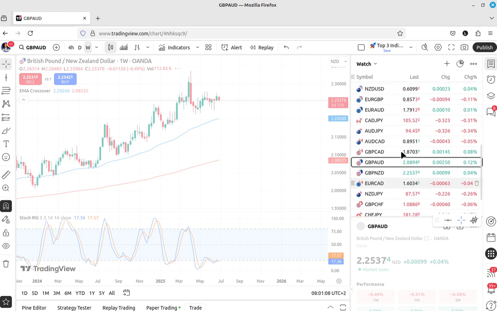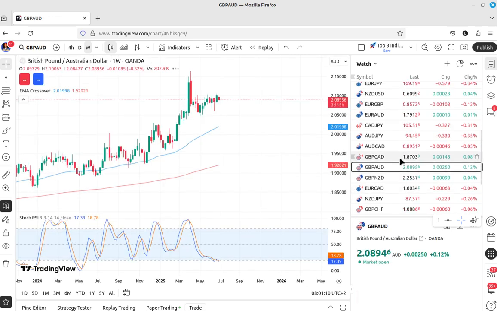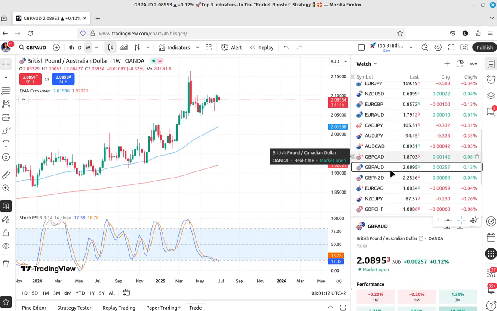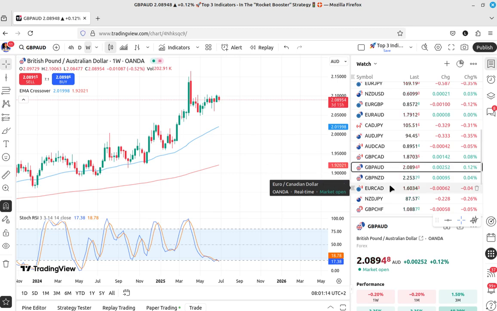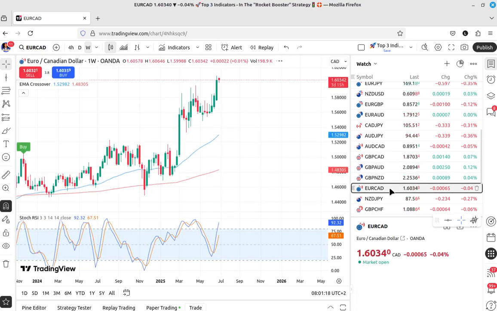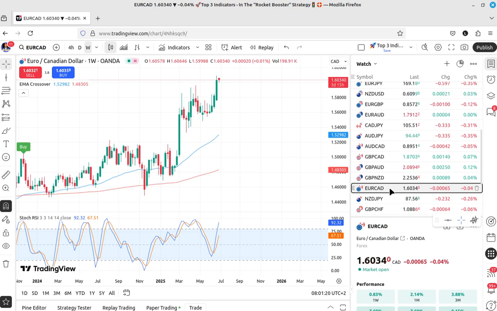So it is a breakout, yes, but there is no clear entry signal, right? Like this one. It's a clean weekly breakout, okay? But I'm not finding any entry, whether it's on the reversal on the day.